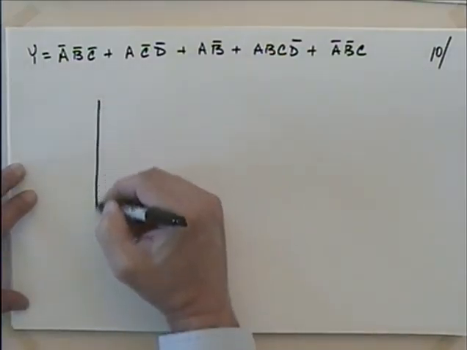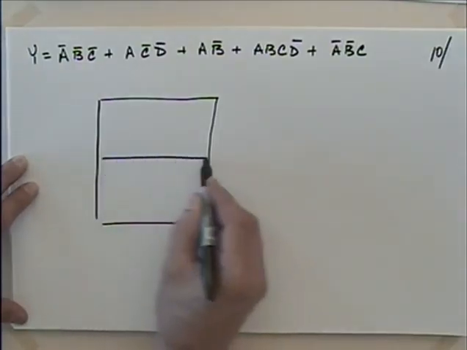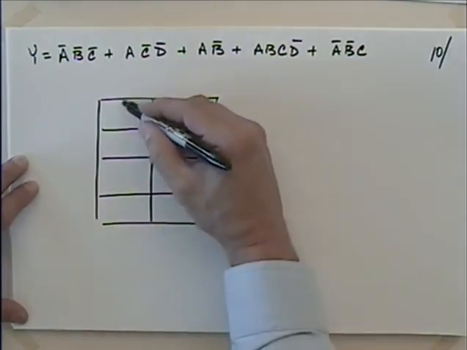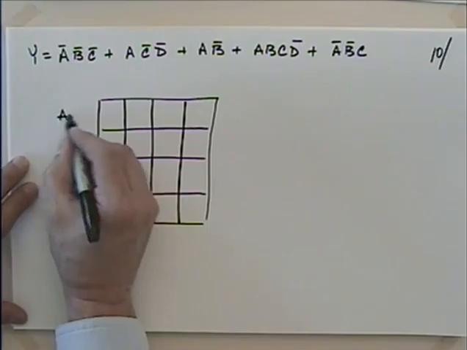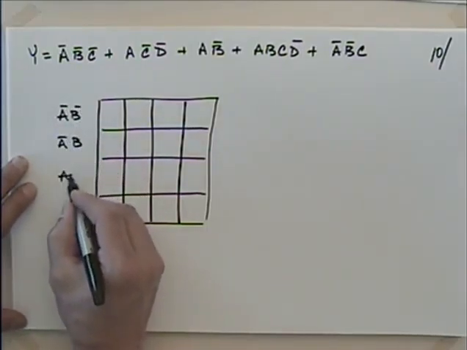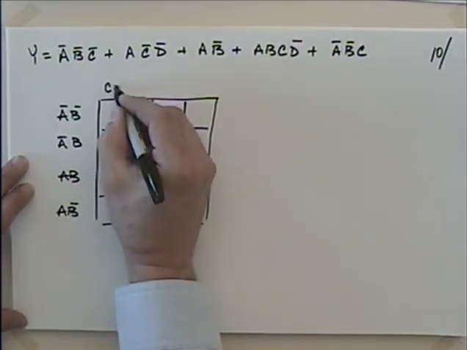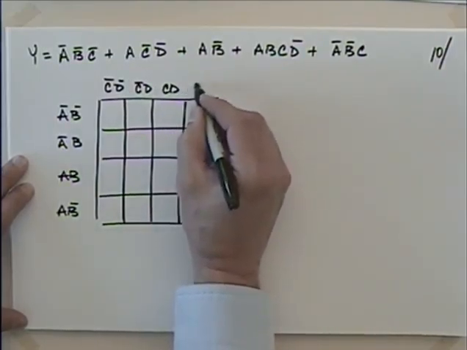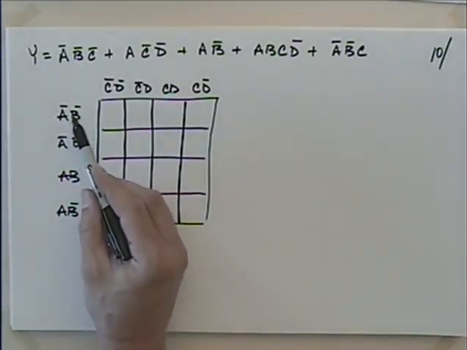Okay, so let's put this into a Karnaugh map. Are our variables in the same order?